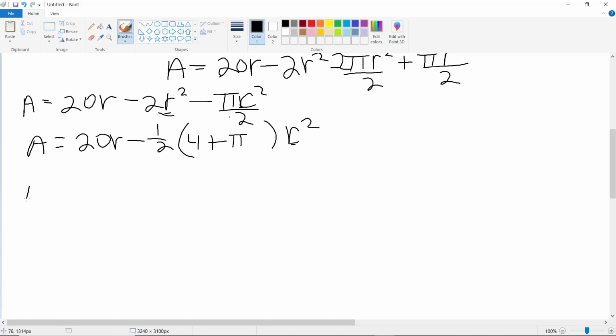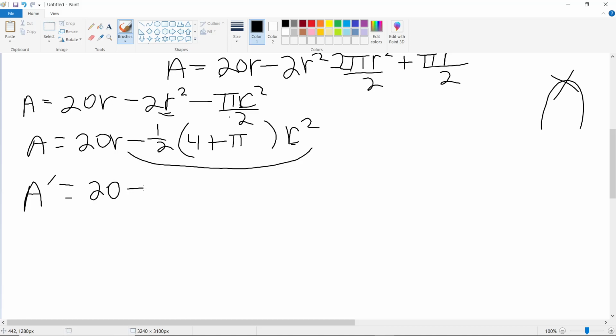Now I will take the derivative of this and set it equal to 0. Notice this is an upside down parabola because the r squared term is negative, so the maximum is going to be the vertex. The derivative of 20r using the power rule is just 20, minus the derivative of negative 1/2 times 4 plus pi times r squared, which is 2 times negative 1/2.